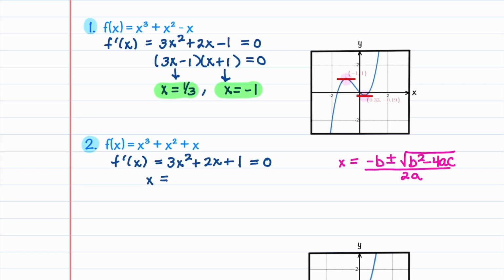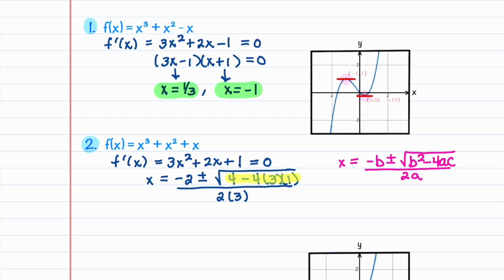Let's see what this gives us. X is equal to -b, so that's -2, plus or minus the square root of b squared, so that's 2 squared, so that's 4, minus 4 times a, which is 3, times c, which is 1, all divided by 2 times a, which is 3.